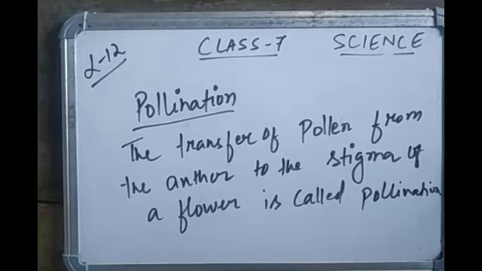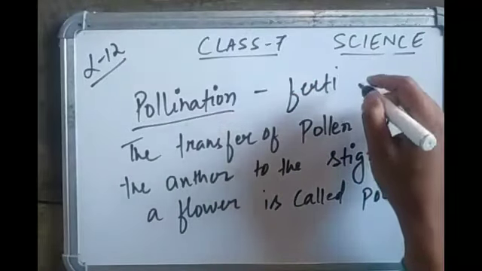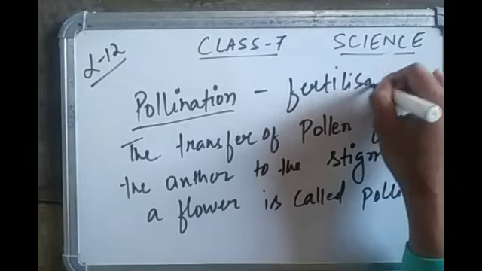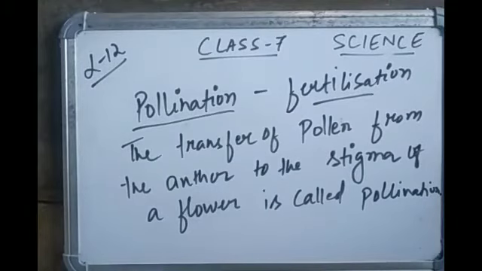Pollination is the transfer, and after pollination comes fertilization. In the sexual reproduction of plants, they receive pollination followed by fertilization.